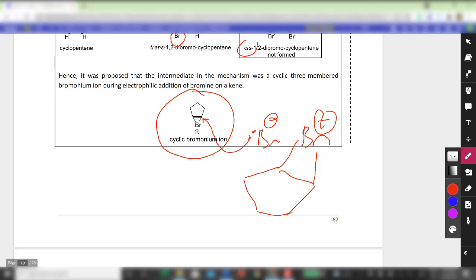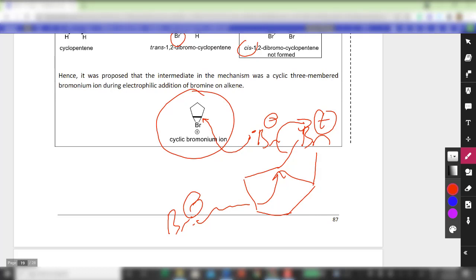The only way for me to break this bond is that my bromide nucleophile must approach it from the bottom so that this can break. Some of you might be wondering, how come approaching from the top cannot? I will attempt to explain this maybe in a tutorial rather than in a lecture setting. So it can only approach from the bottom.